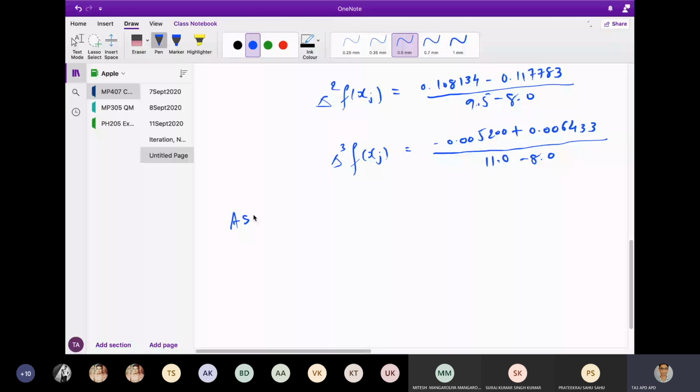So for the assignment, I'm giving you this example. I am not going to write down everything, you just write down, I'm just dictating.